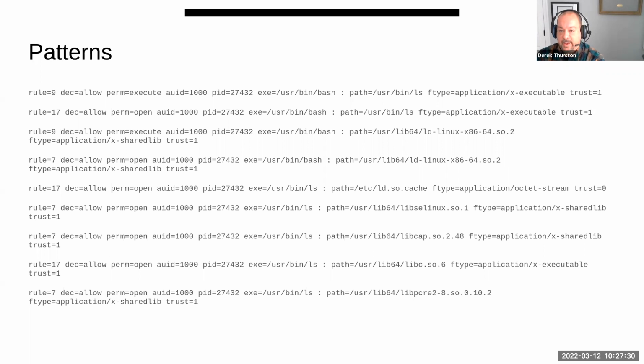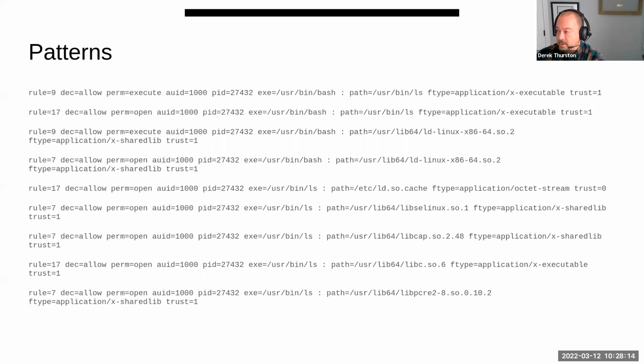So I haven't been able to figure out how, from userland, to actually see these rules get denied unless you run it in the background and output the logs to a local file. Otherwise, it's just somewhere, which I thought was kind of interesting, but that's probably based on how it works with the kernel and how it's set up. But you can get output. You just have to run fapolicyd from the command line and then redirect standard error out to a file. And you can see these kinds of things.